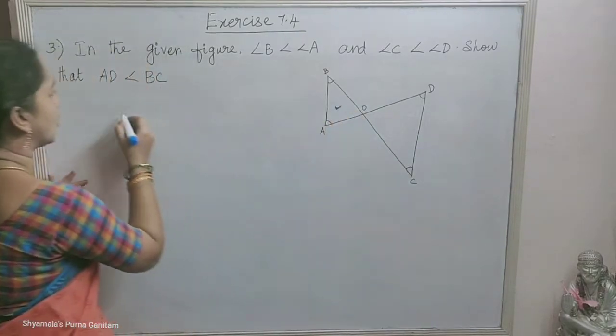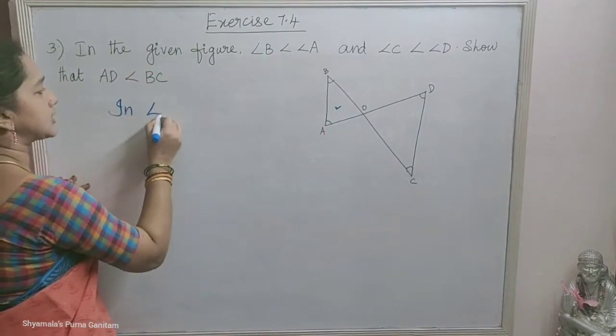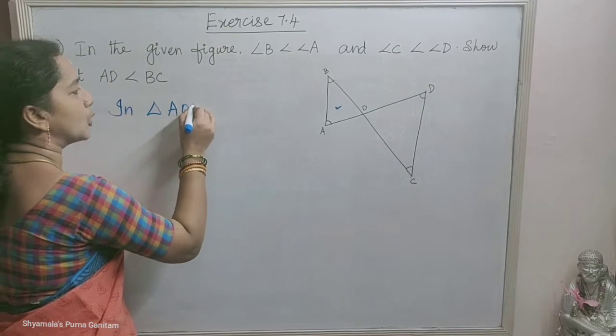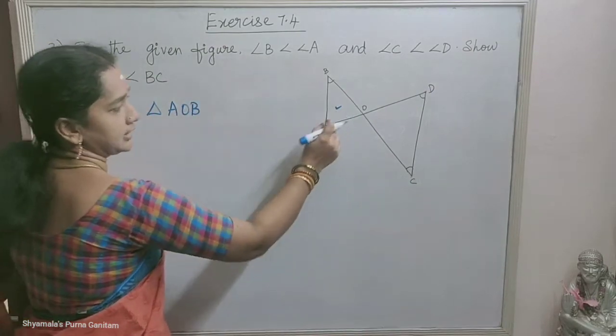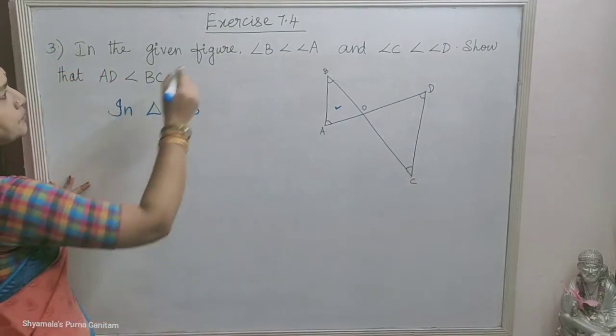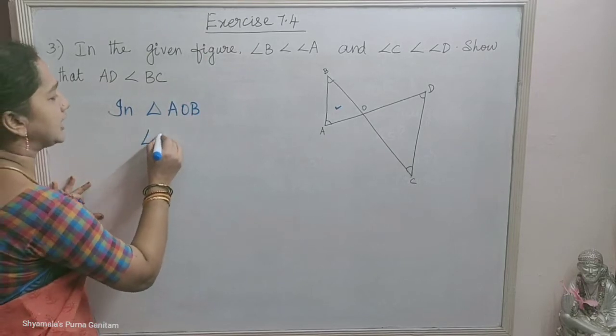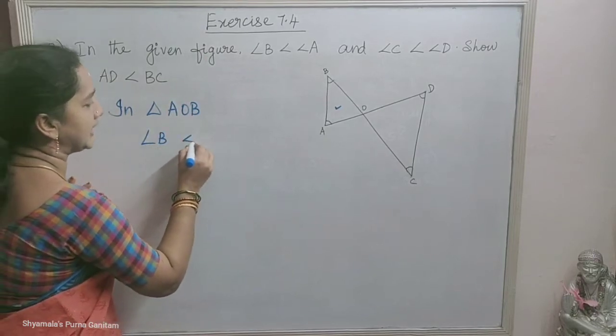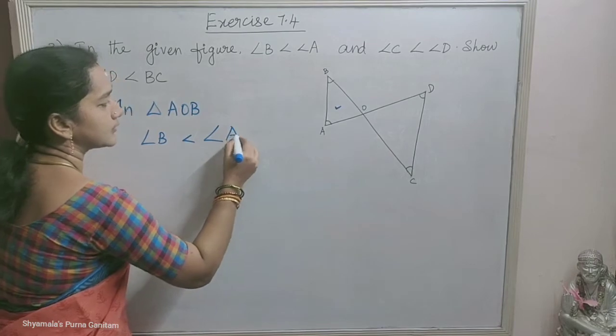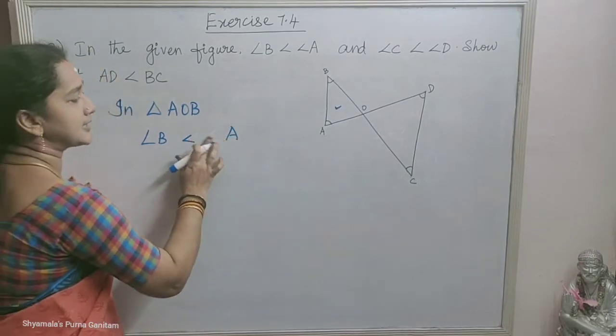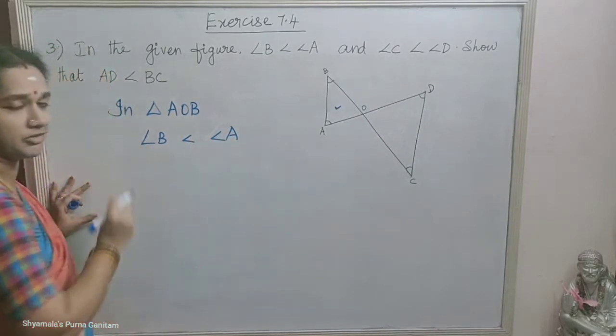Triangle AOB. So in this triangle AOB, it is given that angle B is less than angle A. This is the thing given in the question.